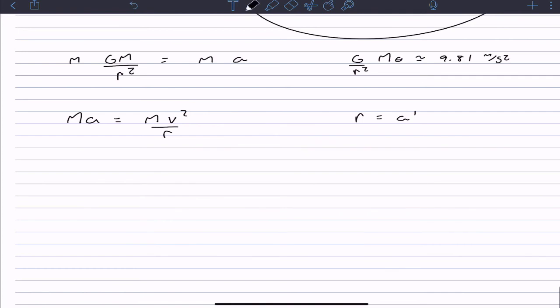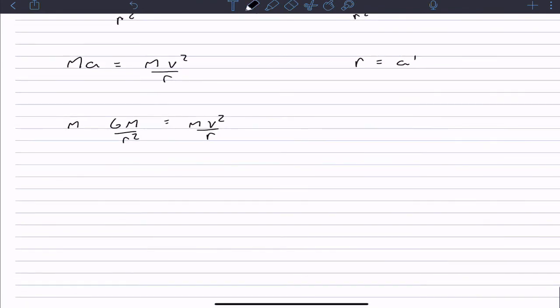Okay, so here's what we're going to do. We're going to take G M times little m, our acceleration, times little m times v squared over r. Let's just ignore this for now. So this is what we're left with. This little m is going to cancel, right?